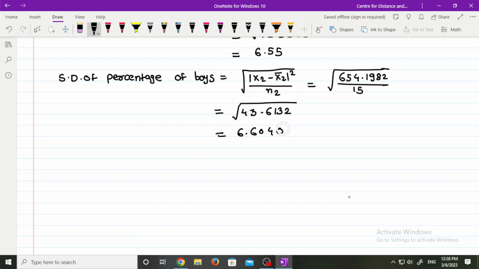6.6040. Then we calculate the combined standard deviation.